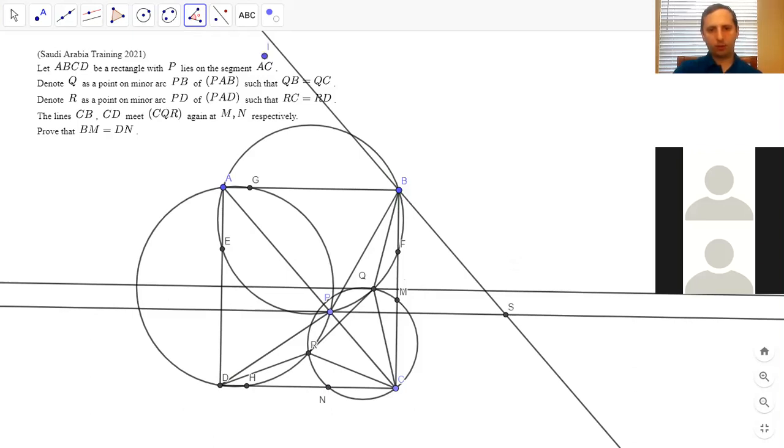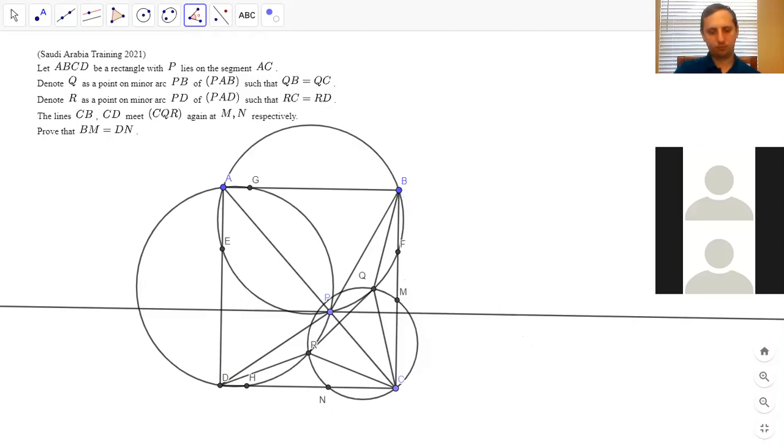All right. I'm not sure what I'm doing here. Try to make a congruent triangle.